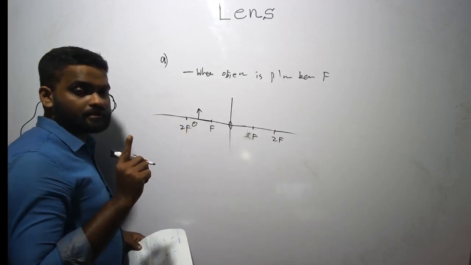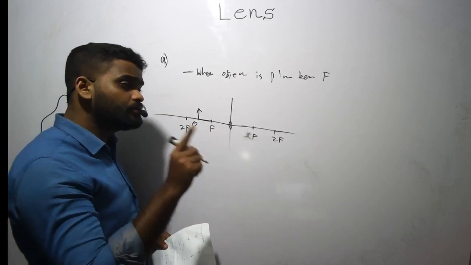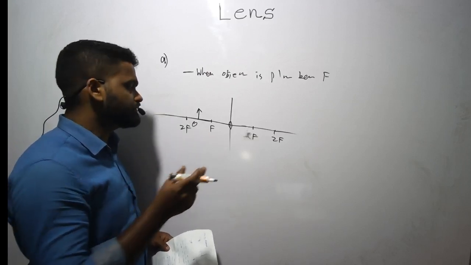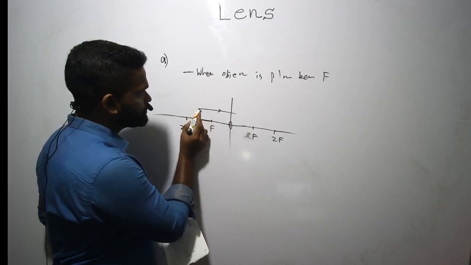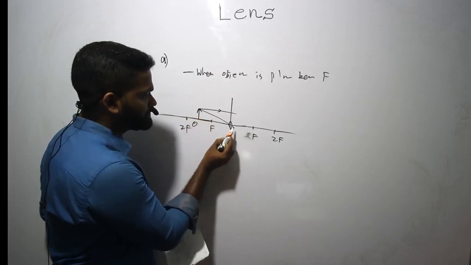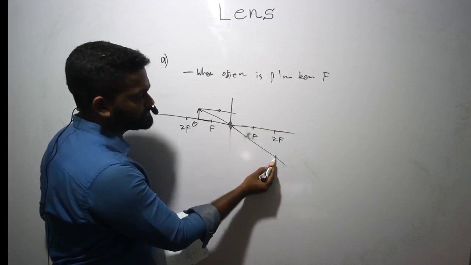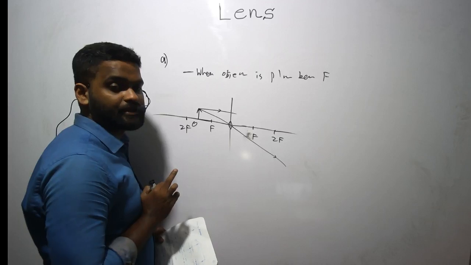At least we need 2 rays to find the position of this image. You can draw one ray which goes through the optical center. It does not deviate, so we know where that ray goes after refraction. It just goes straight without any deviation.